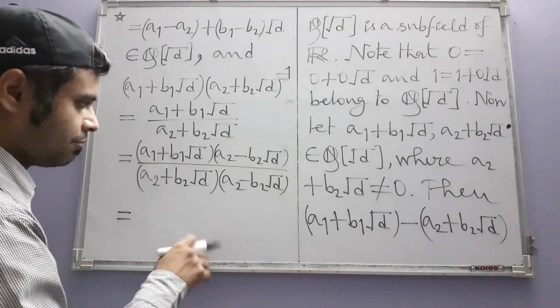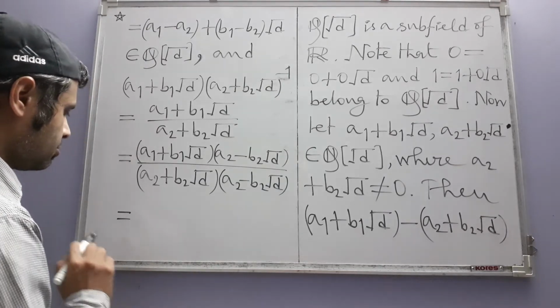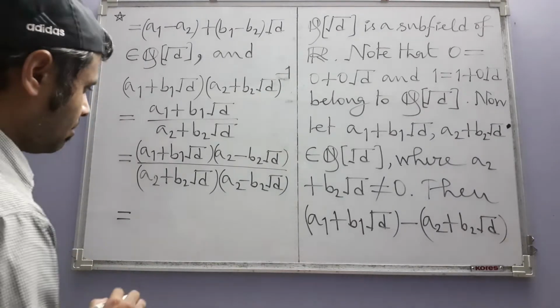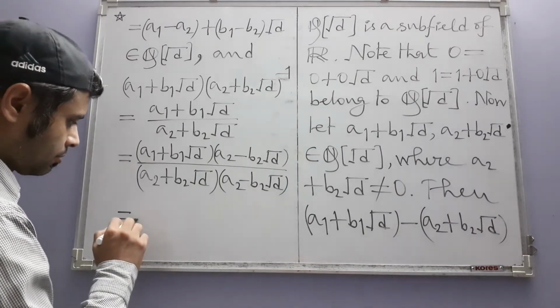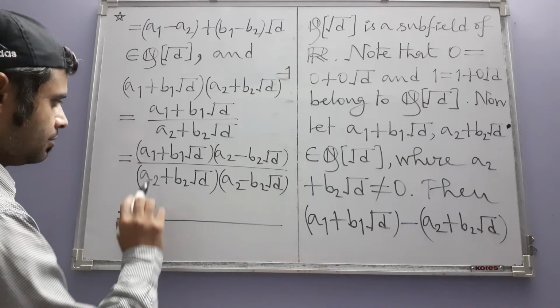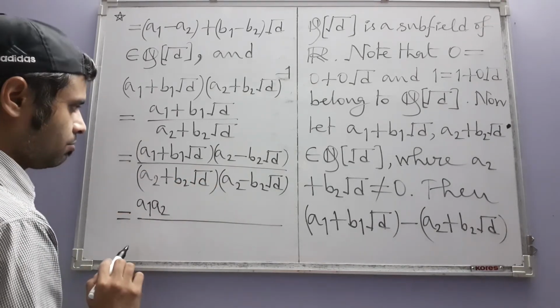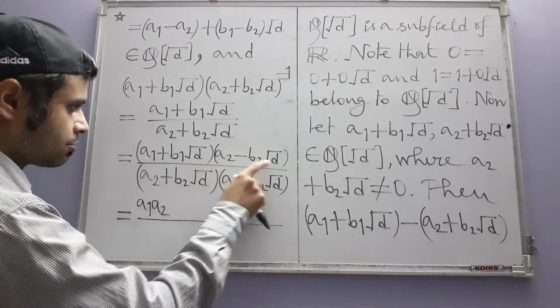Let me just see if we can figure it out, and we continue our calculation. So now if we perform the multiplication, what shall we get? A1 A2 plus, let me see these two also.